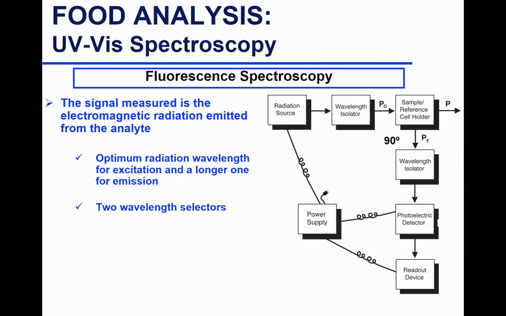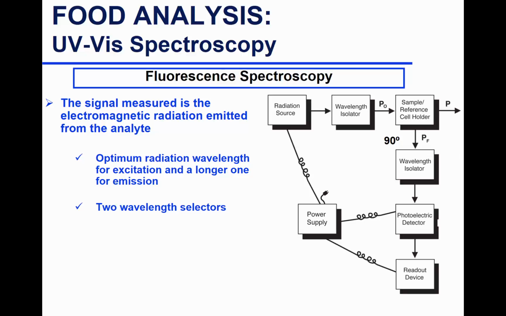Fluorescence spectroscopy: like I said earlier, you need a wavelength for absorption, and then you select a wavelength to monitor emission of light. In this setup, the source of radiation hits your monochromator, and you get your incident beam at a particular wavelength, which then hits the sample. The transmittance continues horizontally.